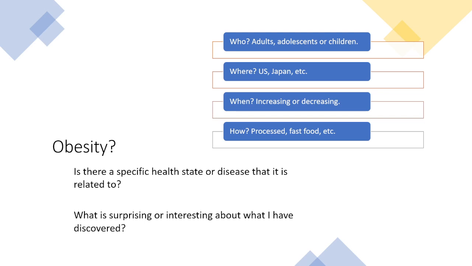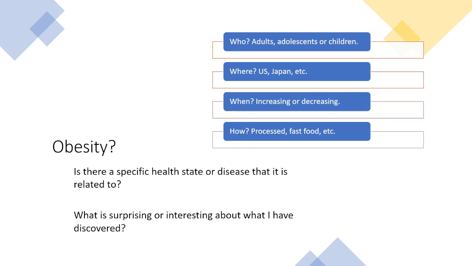Obesity for who? Are we going to talk about kids? Are we going to talk about adults? Are we going to talk about teenagers? Who's being affected by obesity? Where are they being affected? Some countries don't have a problem with obesity. That is not the case for the US, but it is in other countries.